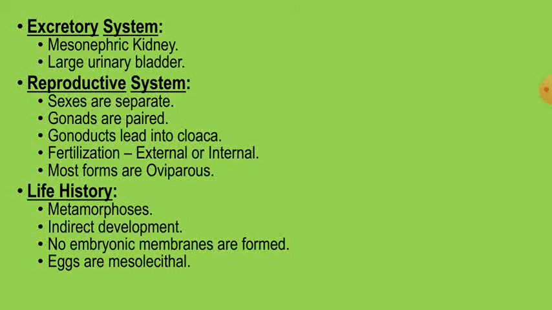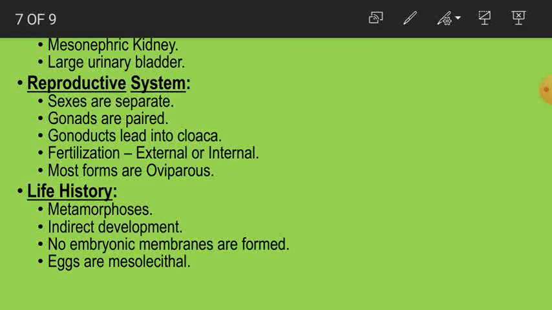Eggs are mesolecithal, containing a moderate amount of yolk. They are enclosed in a coat of jelly and are usually laid in water. Cleavage is holoblastic but unequal.